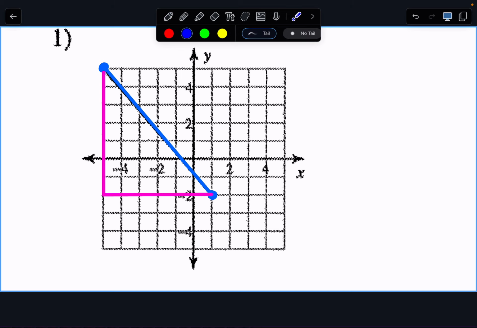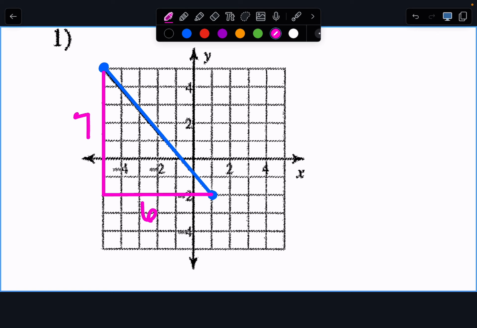We can count 1, 2, 3, 4, 5, 6. It looks like this side is length 7. Do you agree? Okay, count the bottom. How long is the bottom? I haven't heard a number. 6. Let's count. 1, 2, 3, 4, 5, 6.